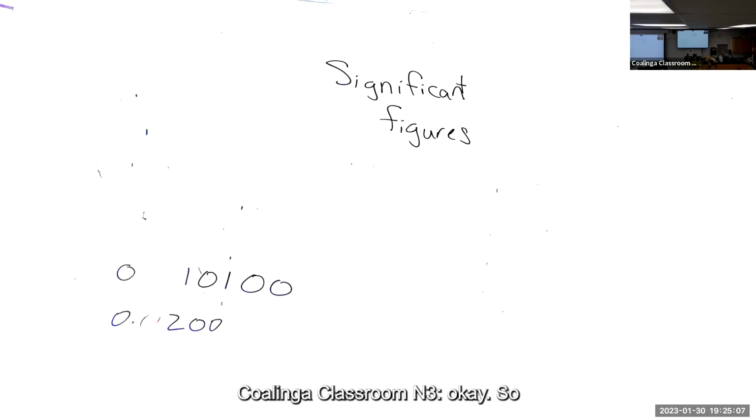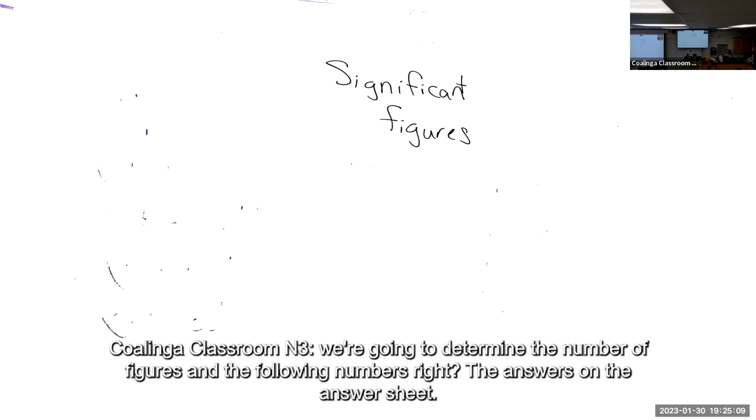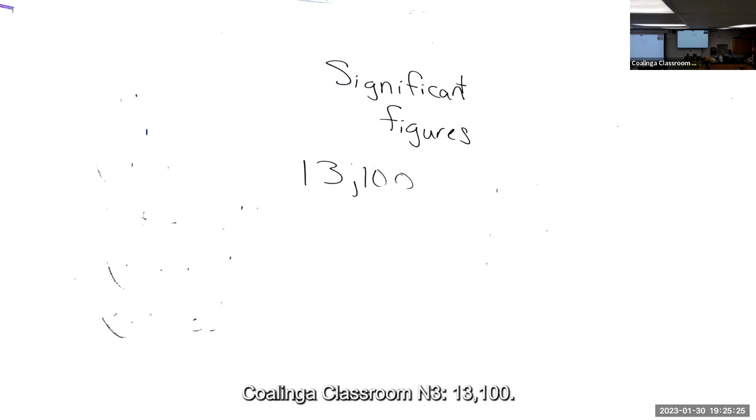Okay, so the first thing we're going to do is determine the number of significant figures. It says determine the number of significant figures in the following numbers. Write the answers on the answer sheet. Okay, so first one, 13,100.